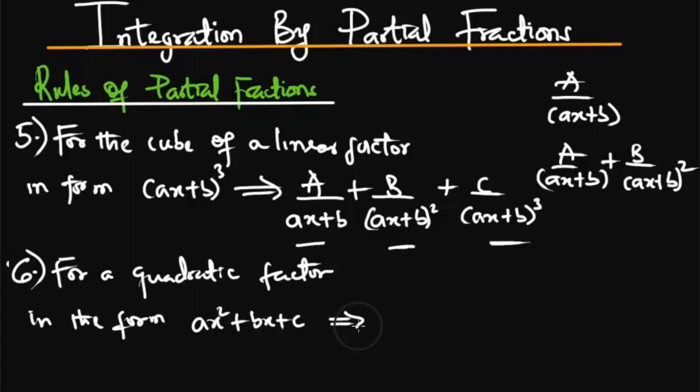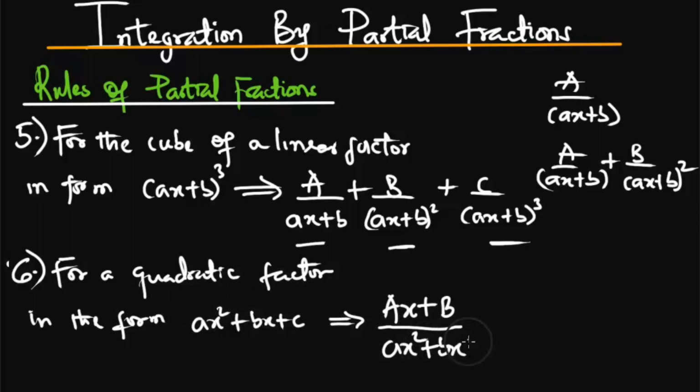In this case, we include something new in the numerator, which is ax, and then we add another constant to it. This is a single term, and then divide by the quadratic factor, which is ax squared plus bx plus c.